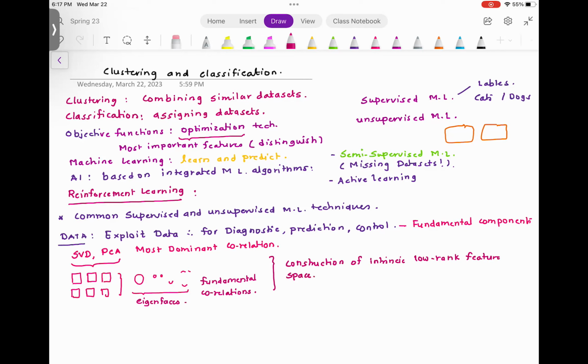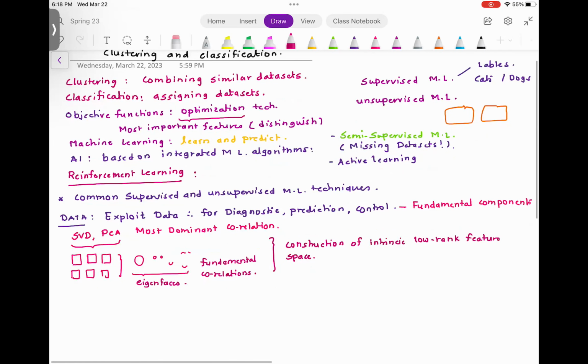And again, you can use PCA, you can use SVD, whatever, but at the end of the day, we want to find the low rank feature space.